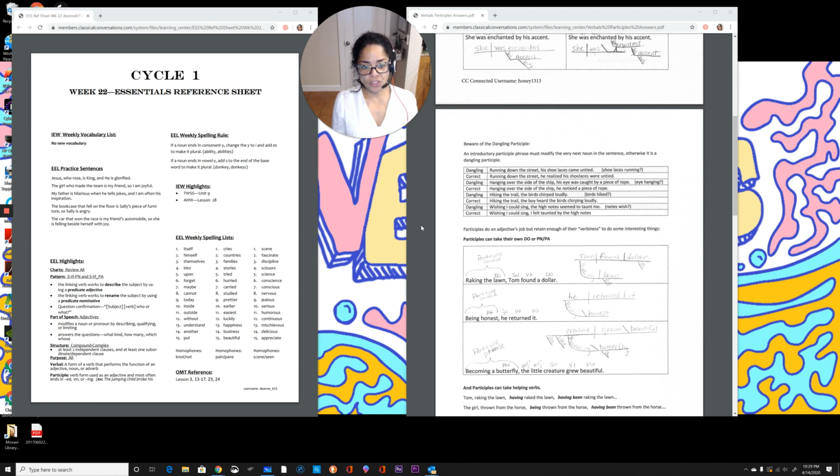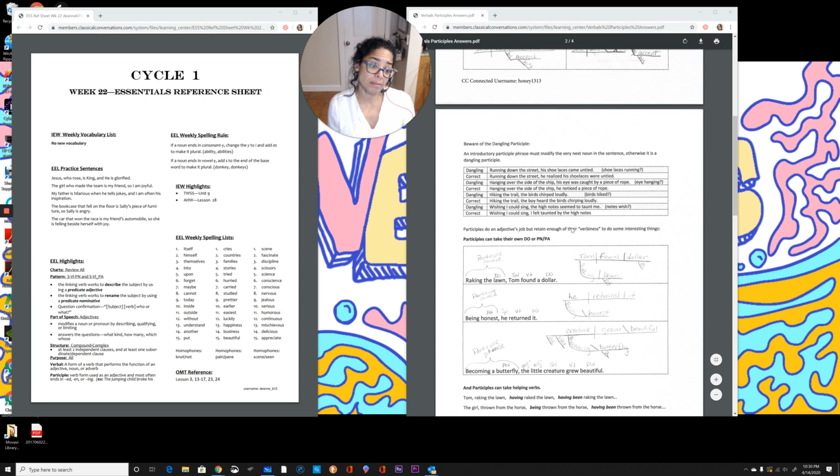Participles do an adjective's job, but retain enough of their verbiness to do some interesting things. For example, raking the lawn, Tom found a dollar. So look at this. Raking the lawn is actually a participle phrase, and this is how it is diagrammed. And it is describing what Tom was doing.